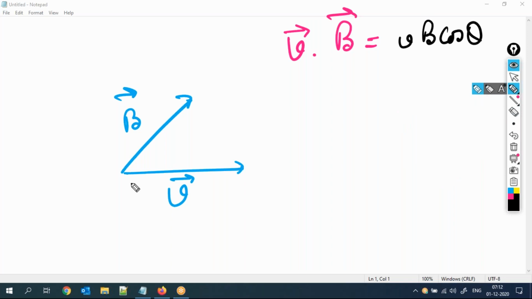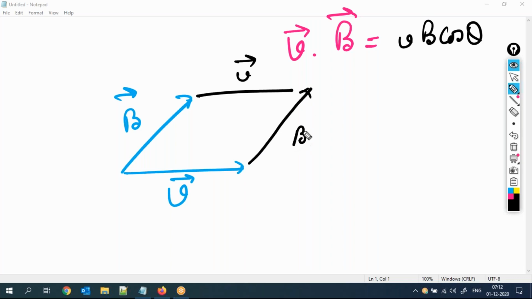But the vector product is basically what you do: you create an area here. This is your V and this is your B. Any question?